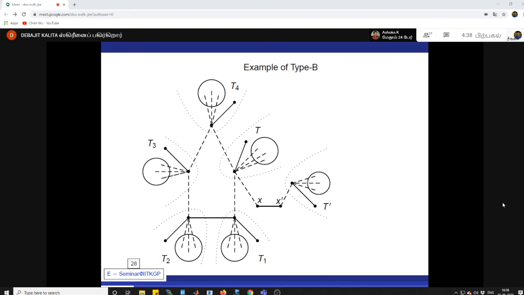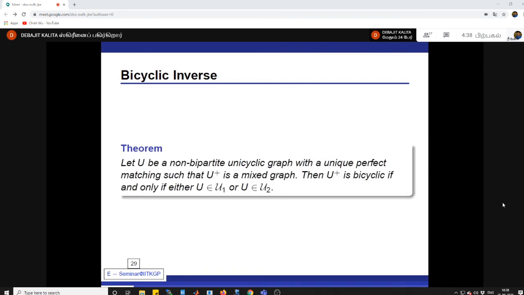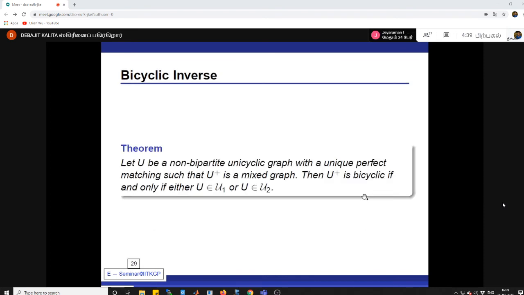And what we prove is the following: a non-bipartite unicyclic graph U with unique perfect matching, whose inverse graph is a mixed graph, and the inverse is always bicyclic, if and only if the graph U is of type A, that we have just described, or it should be of type B. That means these types of graphs are the only graphs whose inverse is bicyclic.